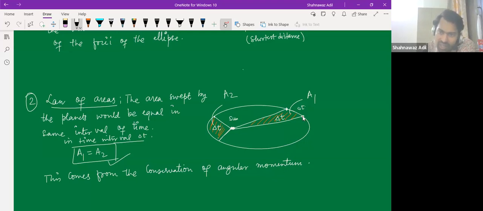You see that it reaches from here to here, but in the case closer to the sun, it reaches from here to here. So it is moving fast.